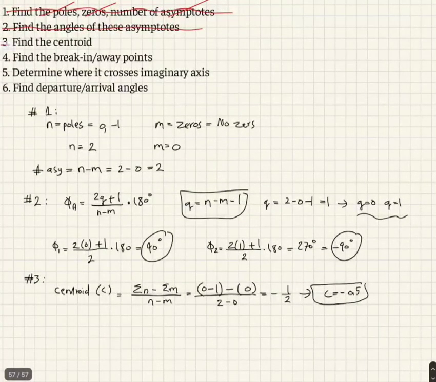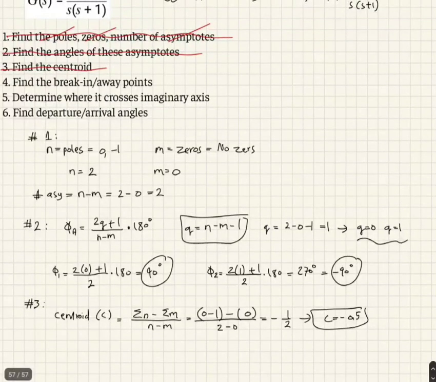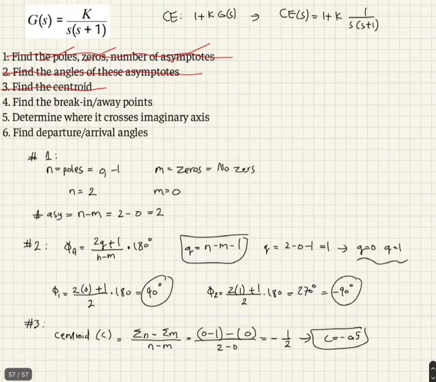So that's it, okay? 3 steps done, easy. Now we have to find the break-in, breakaway points. This is where you have to remember your calculus class, okay? So I'm gonna call this just B of S, because G of S has the K, B of S doesn't have the K. So the formula to find the break-in, breakaway point is we have to find a derivative.